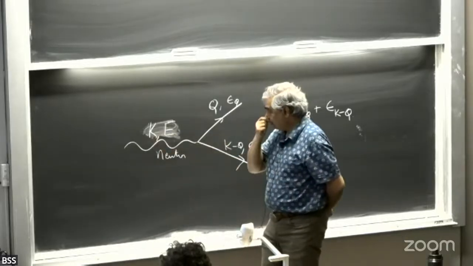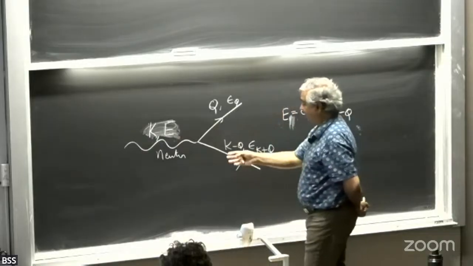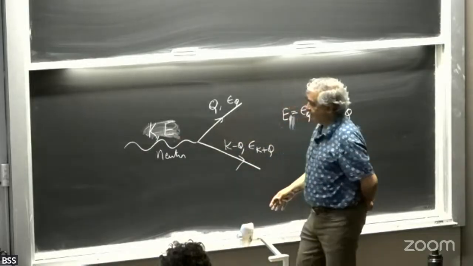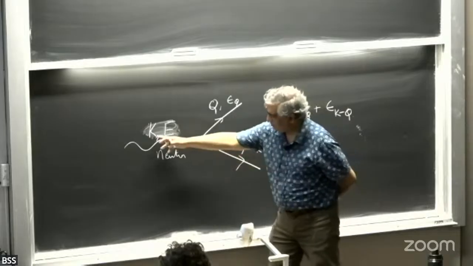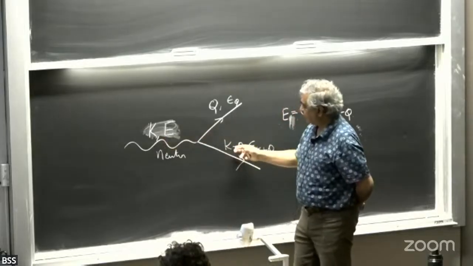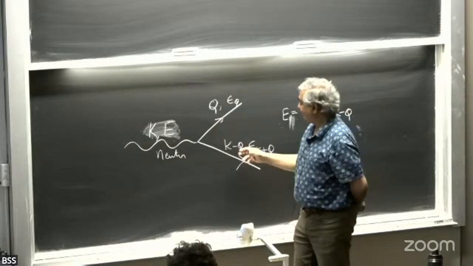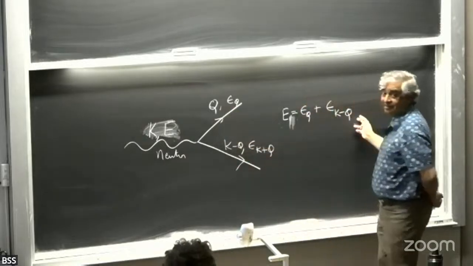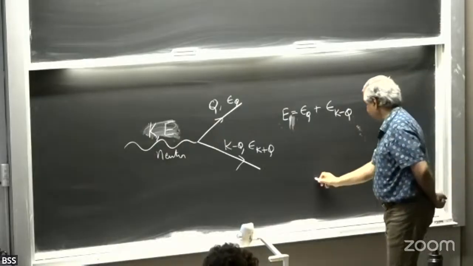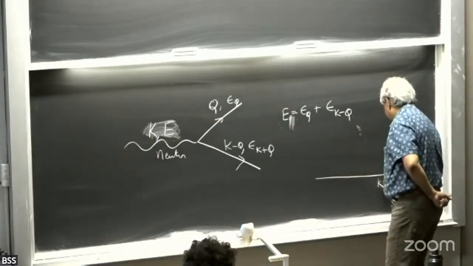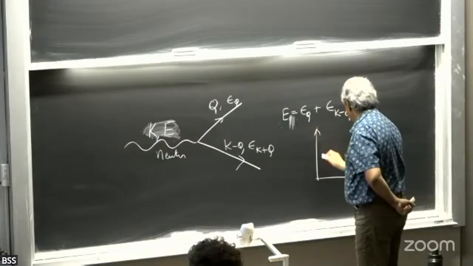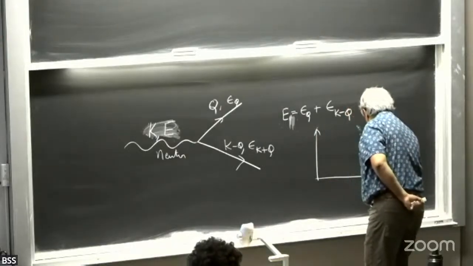But now you have a more forgiving requirement. A neutron comes in, it creates two spinons. The total momentum is conserved, so the momentum of the neutron can be split into the momenta of the spinons in different ways, and each way will have a different energy.